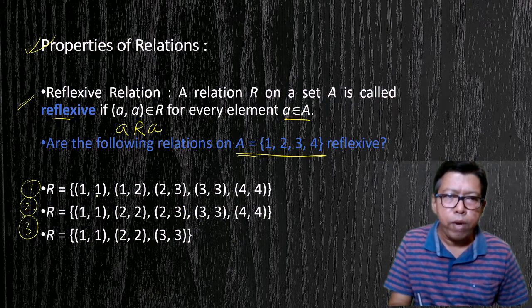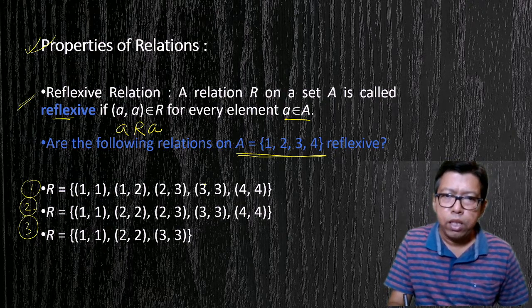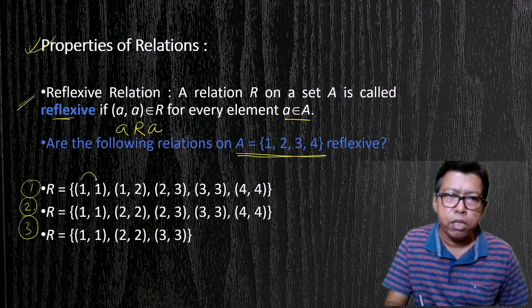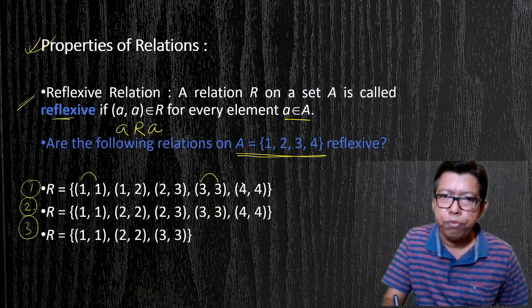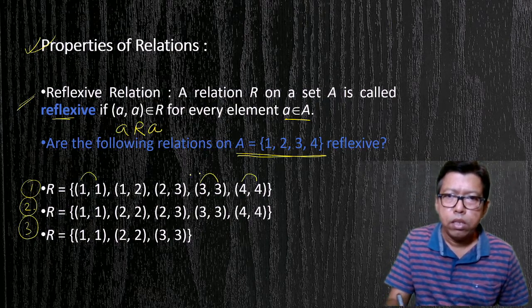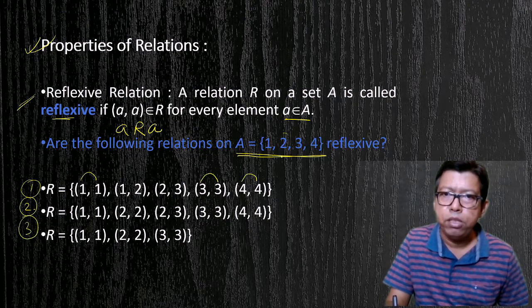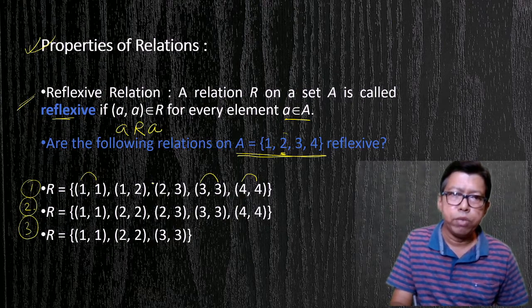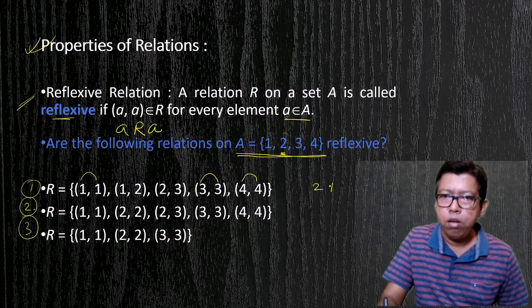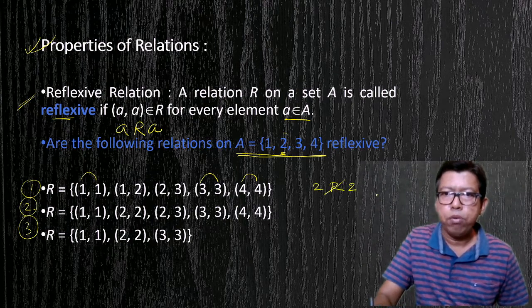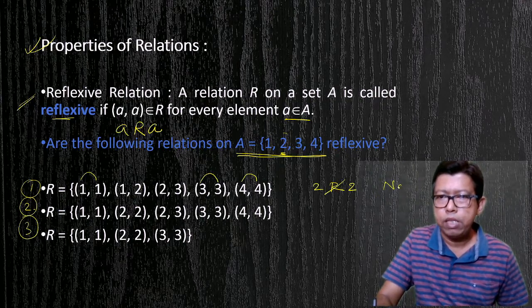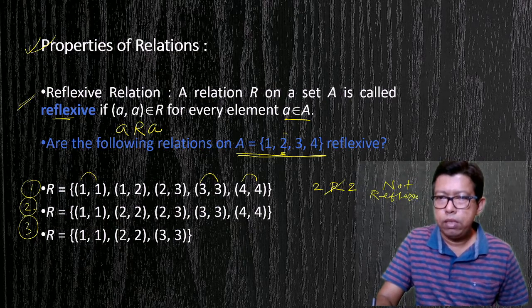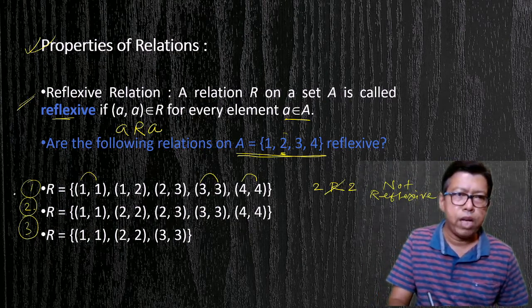Here (1, 1) is an element of R. So this is correct. 1 is related with 1, 3 is related with 3, 4 is related with 4, but you see that you have an element 2 in the set A, so 2 should also be related with 2. So you find that 2 is not related with 2 in any way, so this is not reflexive. The first one is not reflexive.